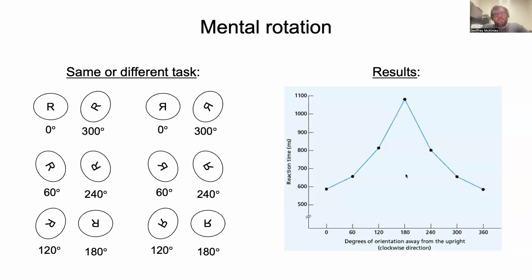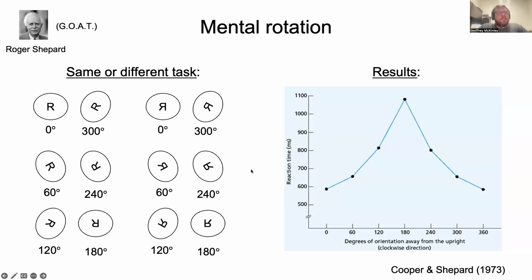So that's why this is sort of symmetrical, or why it goes back down. This was actually done by Roger Shepard, who died, I think, pretty recently. He was one of the best cognitive psychologists slash cognitive scientists that ever existed, in my opinion.